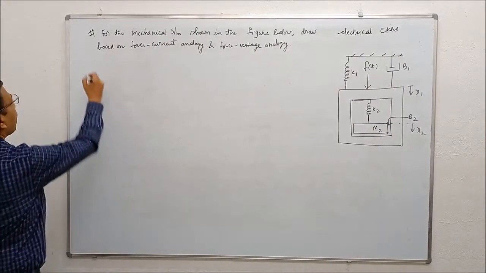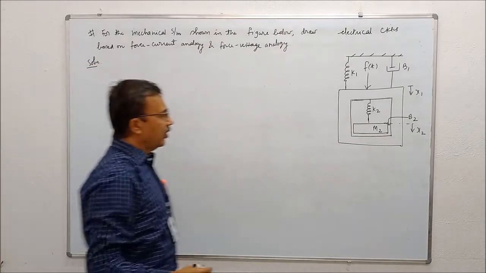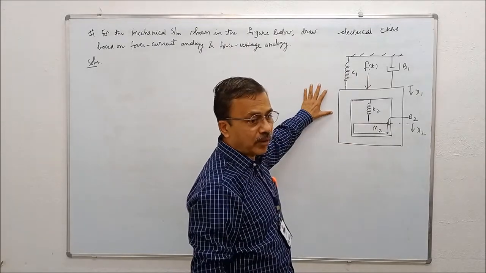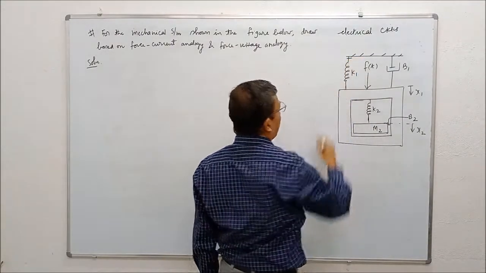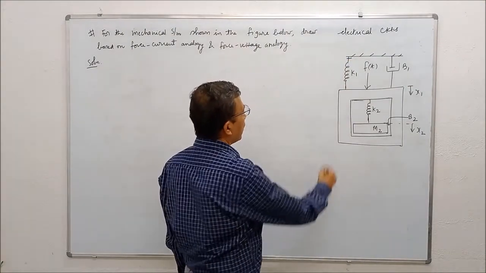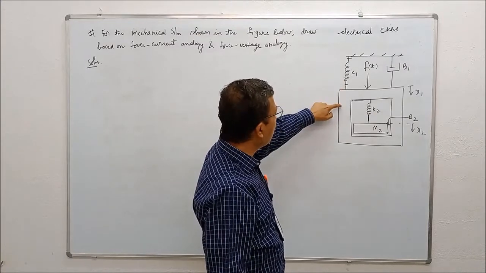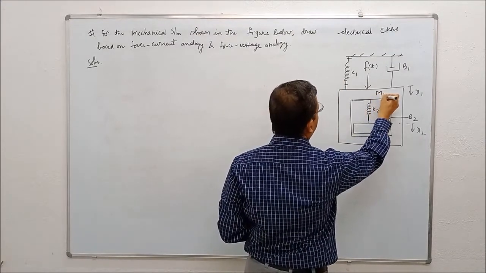Okay, solution. First, let us ascertain whether the displacements given in the problem are sufficient or not. Here the displacement is 0 because the spring is fixed. Here the displacement is x1 because this end of the spring is connected to M1.